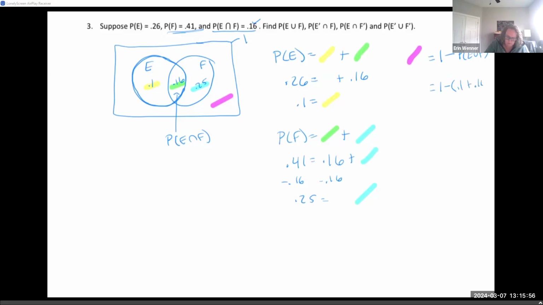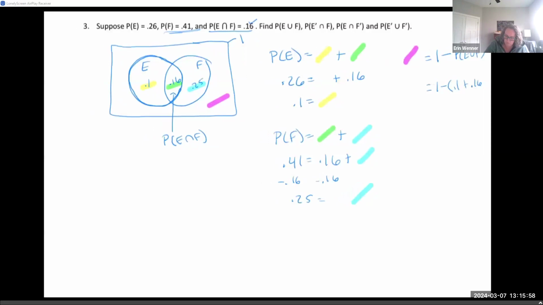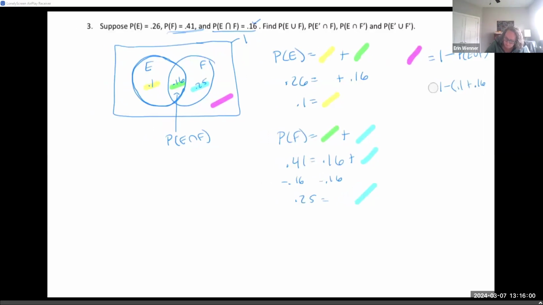Oops, I'm running out of room. Hold on 1 second. Let me write this farther over. 1 minus 0.1 plus 0.16 plus 0.25, right? It's 1 minus that stuff that we've already used, because again, all 4 of those regions, yellow plus green plus blue plus pink, if I add them all up, it has to equal 1.